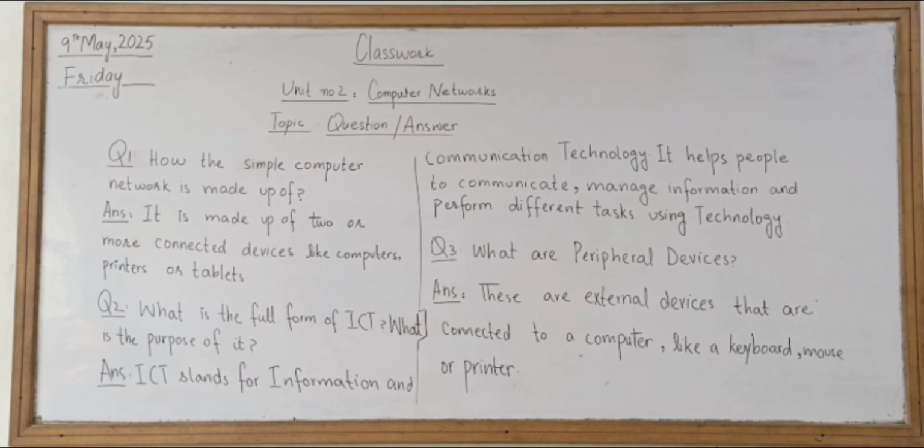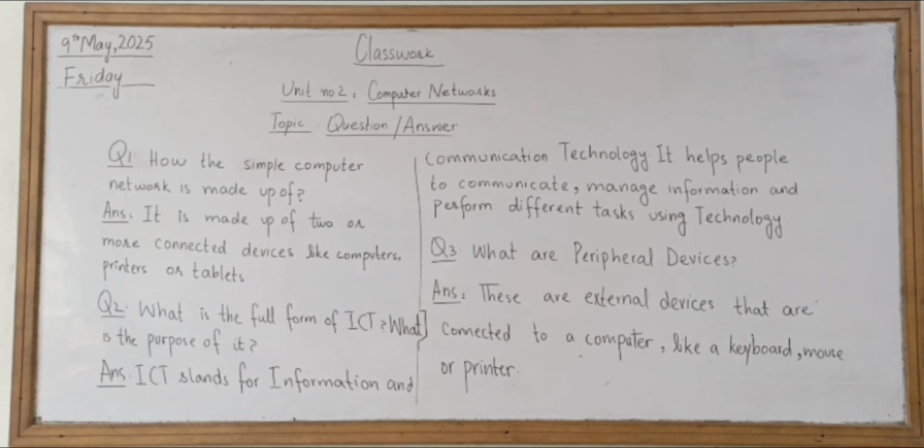As you see in the full form, information and communication technology, there is a link between communication and information. We are using this for communication, to communicate with someone and to share information. Like on WhatsApp we share our pictures and our files with someone, so we are sharing information. This is an example of information. We are also communicating with each other with the help of video calls and messaging, which is another kind of example.